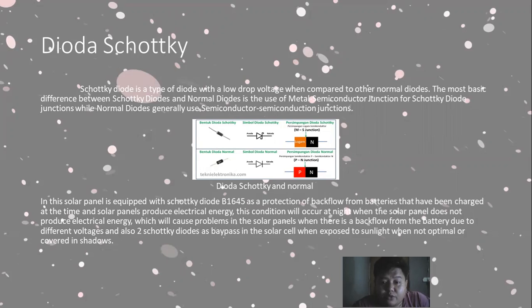This conduction will occur at night when the solar panel does not produce electrical energy, which will cause problems in the solar panel when there is a backflow from the batteries due to different voltage, and also the Schottky diode serves as a bypass in the solar cell when exposed to sunlight that is not optimal or covered in shadow.